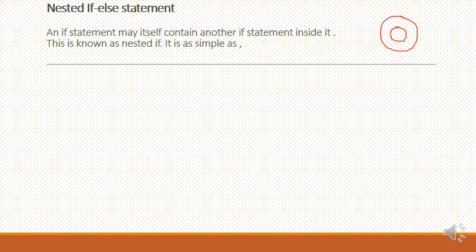Here the circle is nested in another circle. A nested if statement is the same thing. This is one if-else statement and this is another if-else statement. That is why it is called nested: one if-else statement is present in another if-else statement.